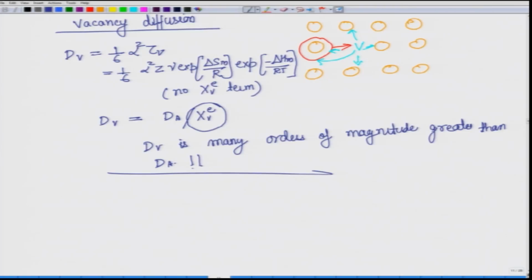So, now next we will look at is a little bit more complex. You remember we said that A in B can go or B in A can go in terms of impurity. So, A can act as an impurity in B or B can act as an impurity in A, and therefore, according to that there will be different diffusivities. This will not be self diffusion, this will be what is called as interdiffusion.